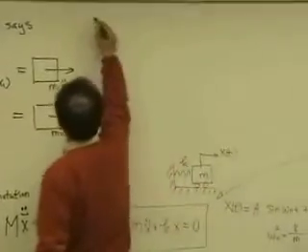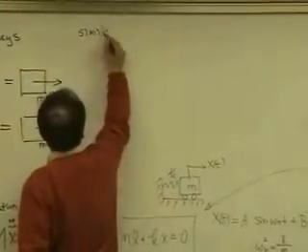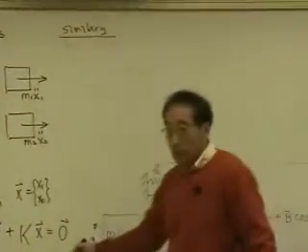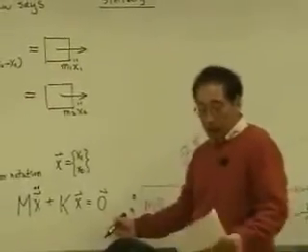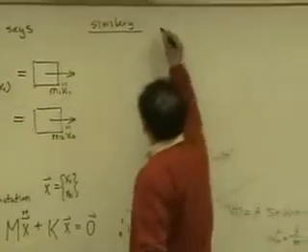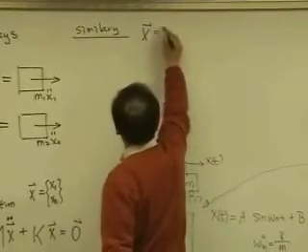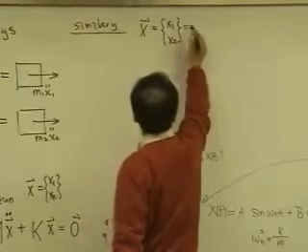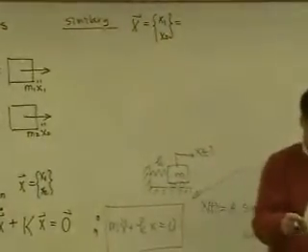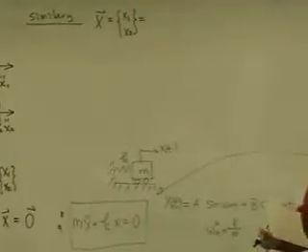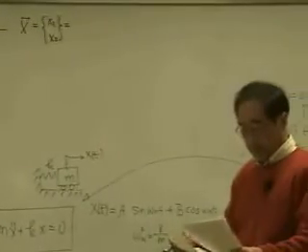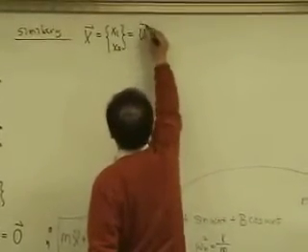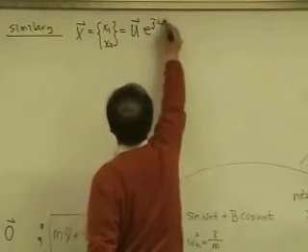Okay, similarly, in this case, let's try x vector, that is x1 and x2, is equal to some vector exponential j omega t.